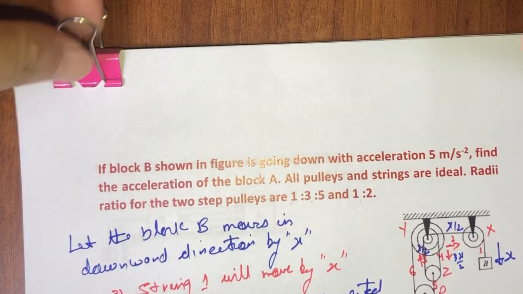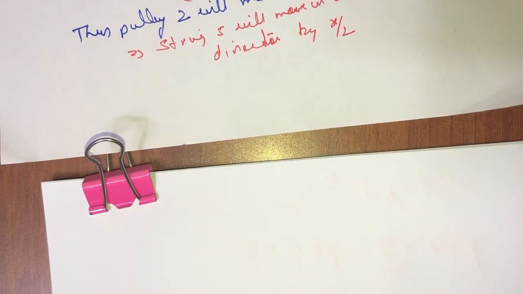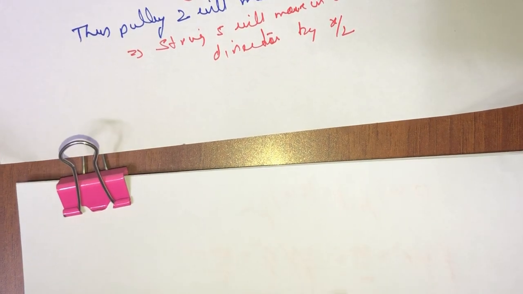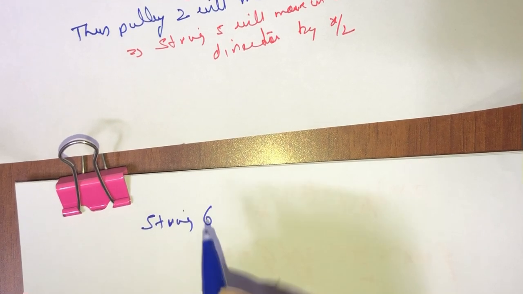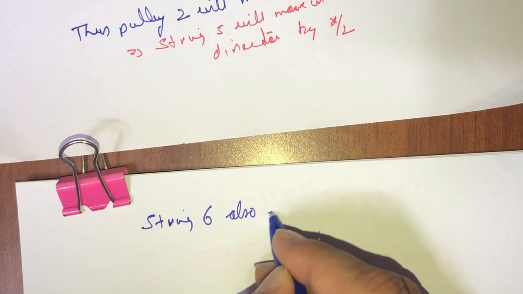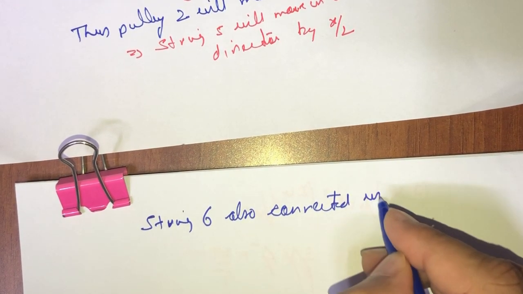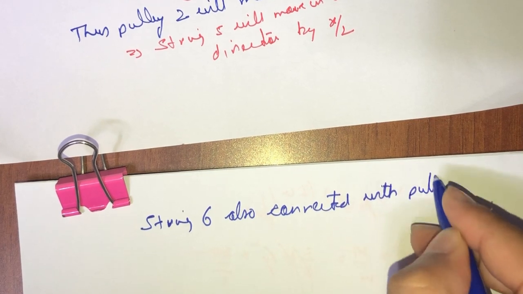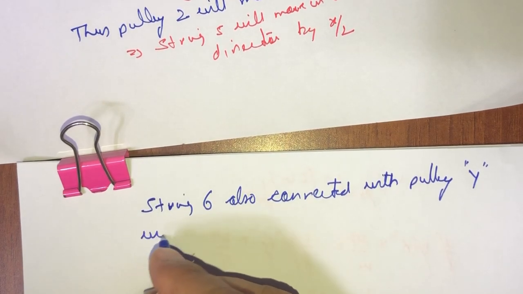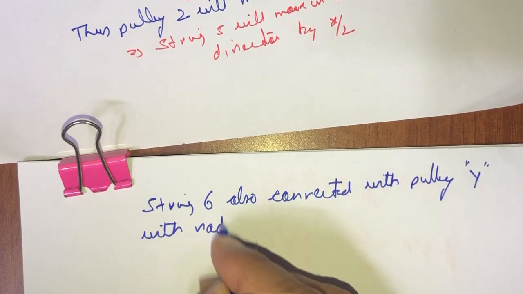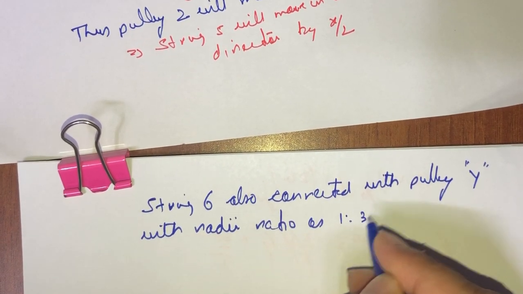String 6 is also connected with pulley Y with radii ratio as 1:3:5.